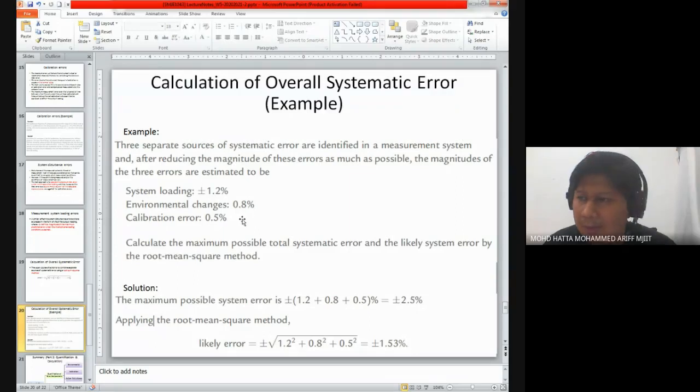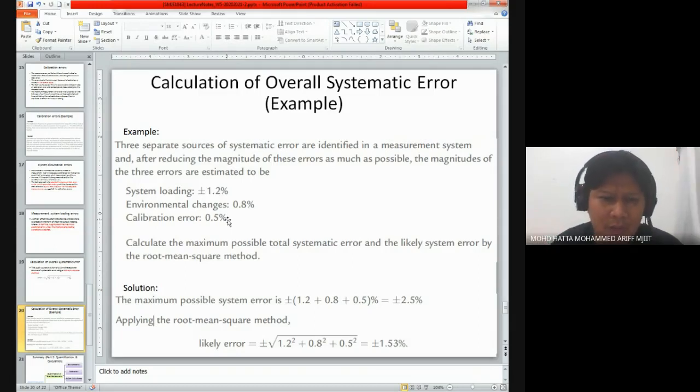But if you look at the question itself, three separate sources of systematic error are identified after reducing the magnitude of these errors as much as possible, meaning that originally the system loading error is double this value, which is 2.4%, then 1.6% and 1%.